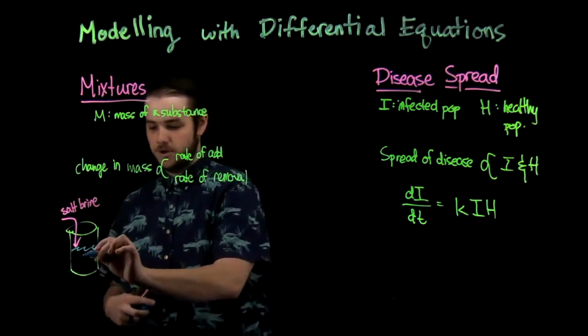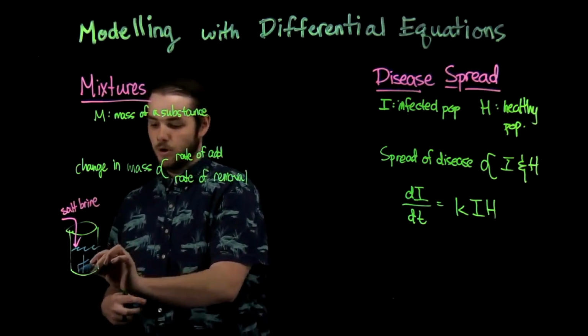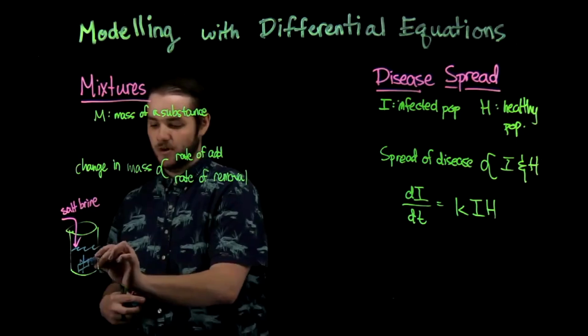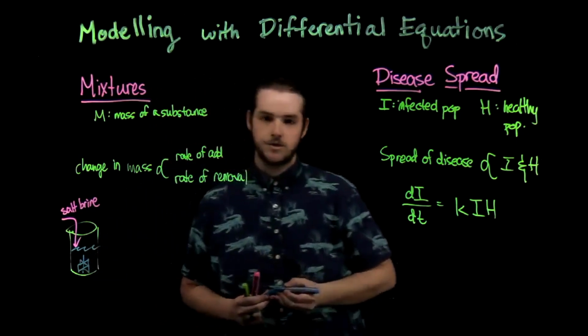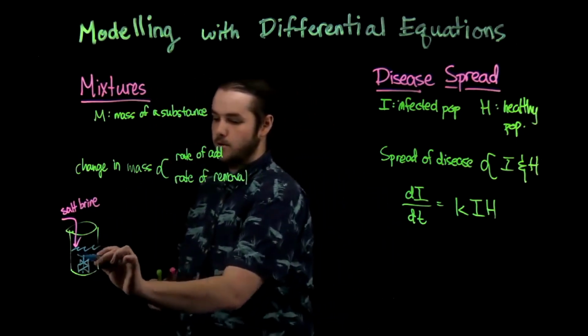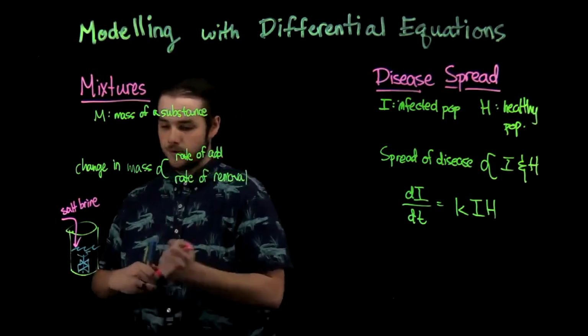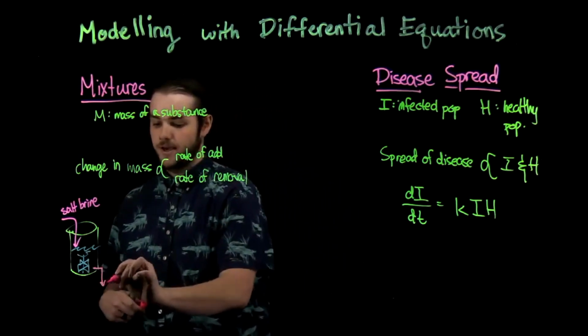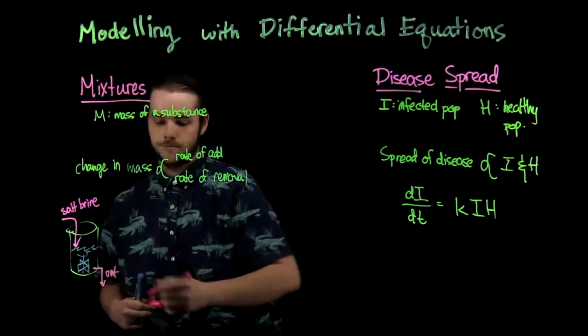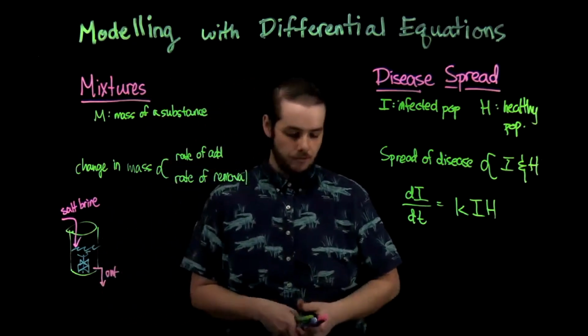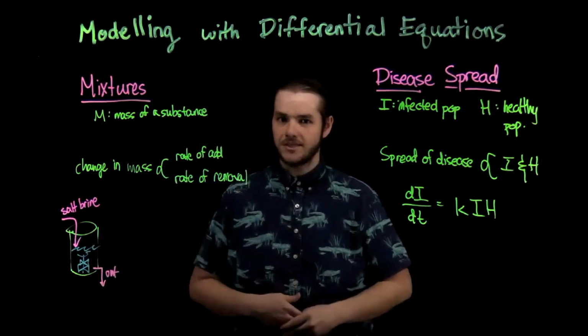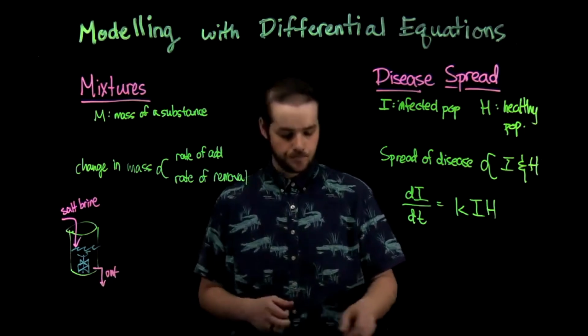We won't worry about what happens when you aren't thoroughly mixing it. That's a much tougher problem. So you mix it up in there, and then you pour some of the solution out. You're draining it out of the tank. And in this problem, it would be helpful to know how much salt is in the tank at a time.